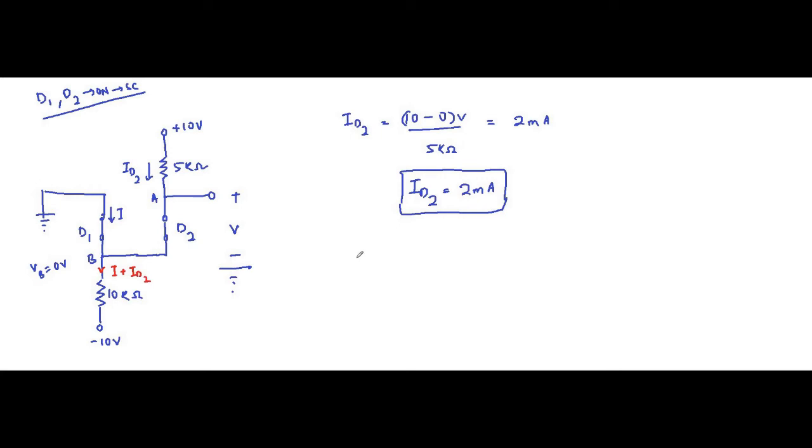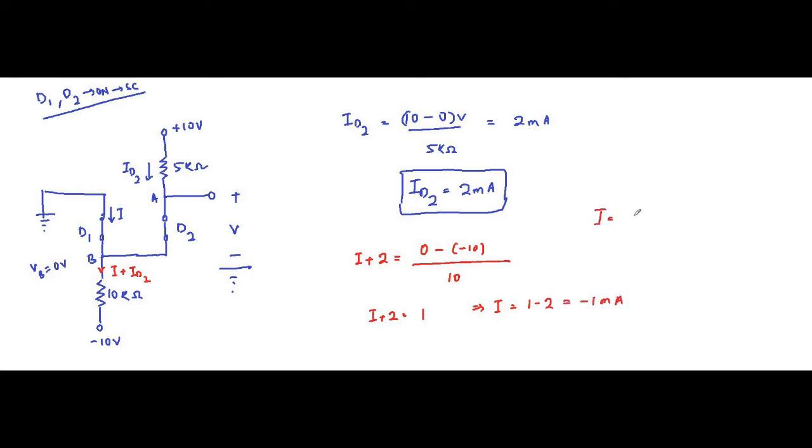So I plus 2 milliampere is equal to (0 minus 10) divided by 10, or I plus 2 is equal to minus 10 by 10, which is minus 1. That implies I is equal to minus 1 minus 2, which is minus 3 milliampere.